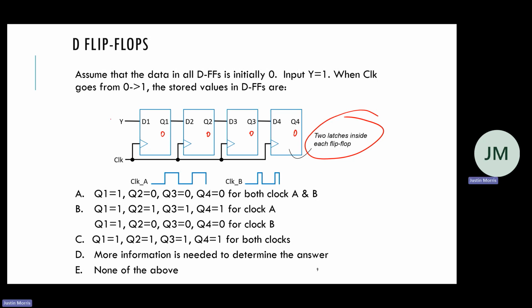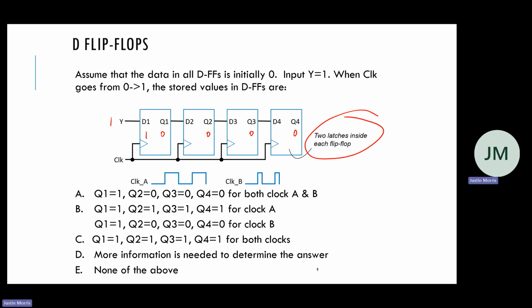Then we change the input Y to 1 at the input of this flip-flop, right? So that's going to happen before the positive edge. And then the question now is, when the clock goes from 0 to 1, what is going to happen, right? So let's just talk about while it's 0, what happens. This first latch, it's positive edge triggered, so it lets the 1 in, right?